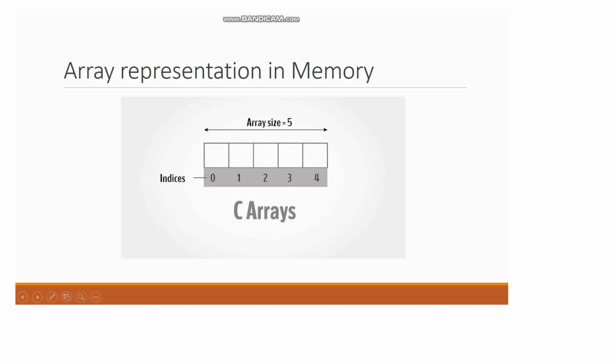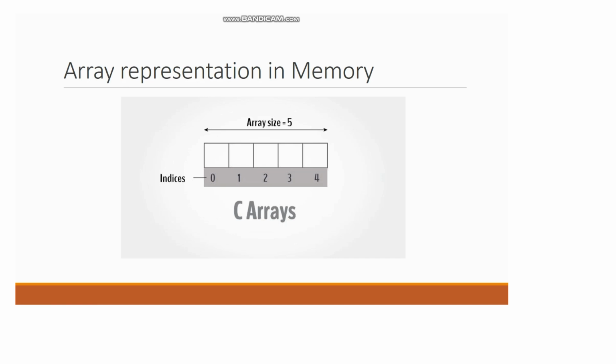In all, a total of 5 elements are stored in this array, and the index always starts with 0, right? So it also has continuous memory. That means depending on the index, you can access the value of an array.